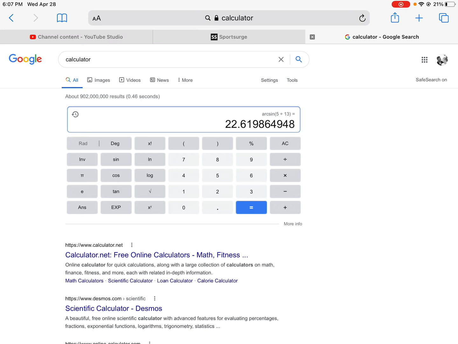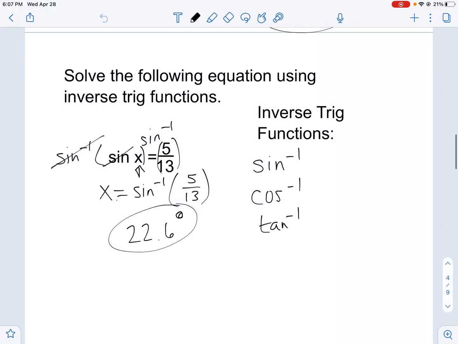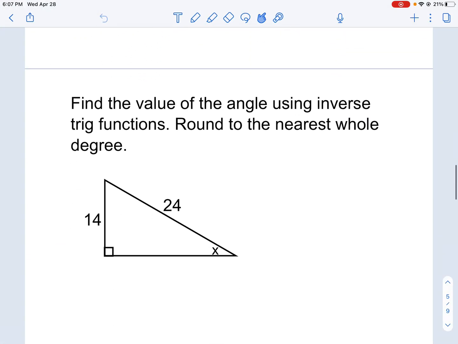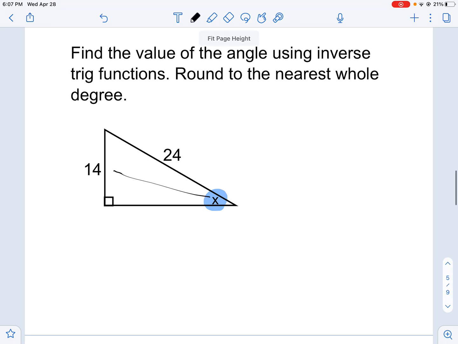Okay. So let's just practice a few more of those and make sure that we can solve these. Okay. Well, here's my theta, but that's weird. Theta's x. That's okay. We'll worry about that in a second. So you have opposite and hypotenuse.